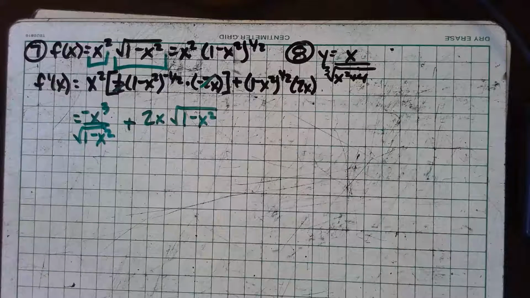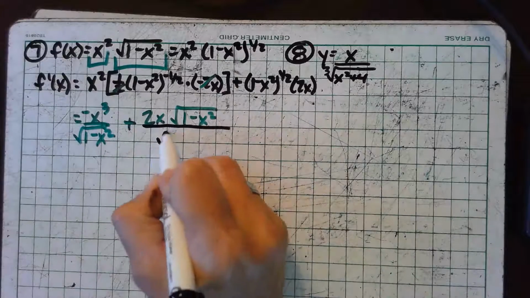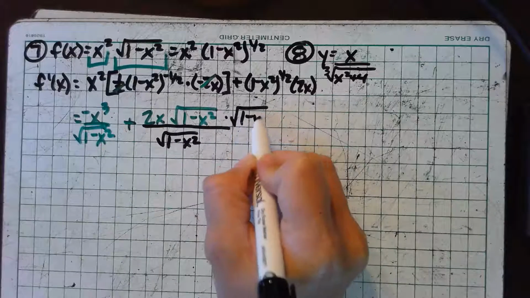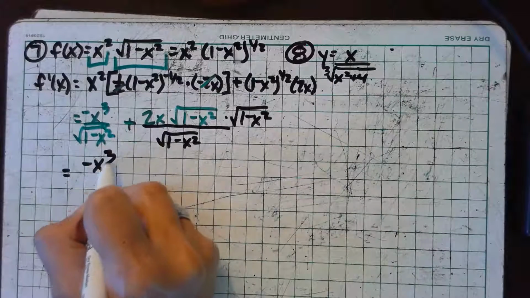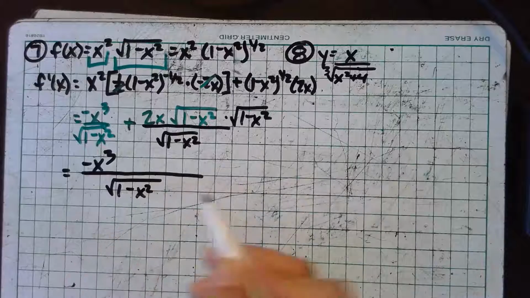If it was a multiple choice problem, you do need to practice that. Okay, so let's just practice that for a second. If I wanted a common denominator, what I need is, this needs to be a square root of 1 minus x squared, so I need to multiply it top and bottom. All right, this is just negative x cubed over, and our new denominator is going to be a square root of 1 minus x squared.